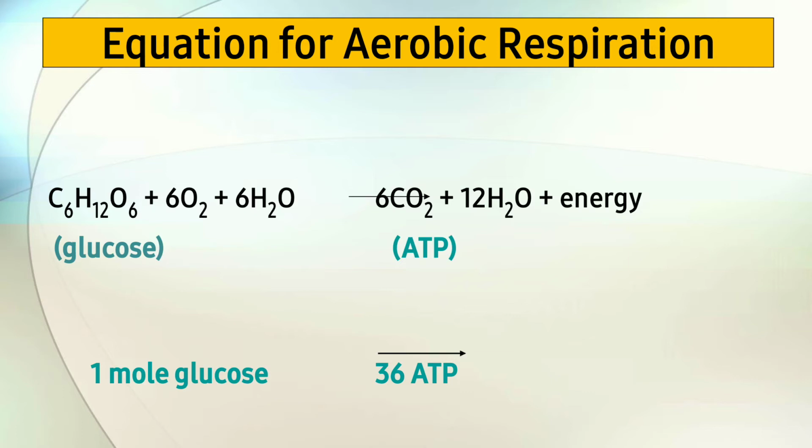This is the equation of aerobic respiration. What happens in this respiration? Through this equation, firstly, glucose is converted into energy, water and CO2. This respiration process happens at night, not in the morning.